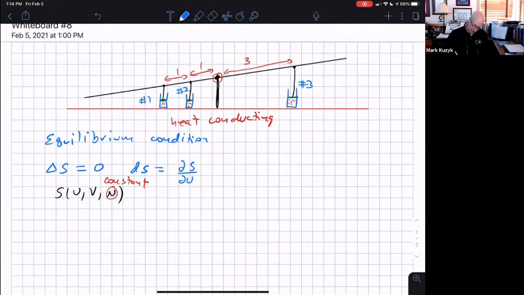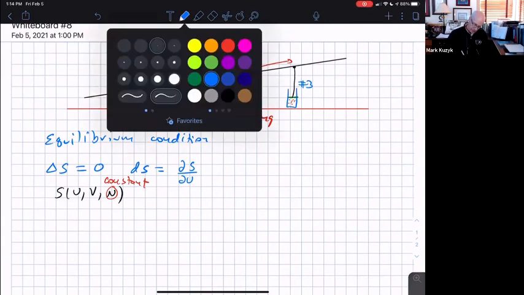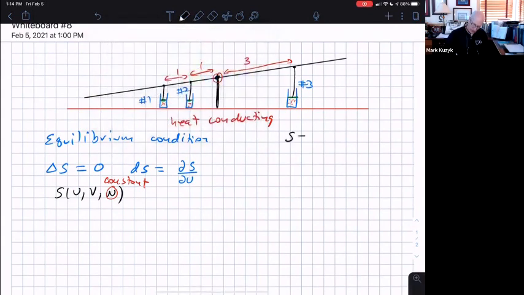So remember that we're going to have some other conditions here. So the entropy is going to be S1 plus S2 plus S3 because the entropy is additive. U, the total energy, is going to be, oops, not S, U1 plus U2 plus U3.